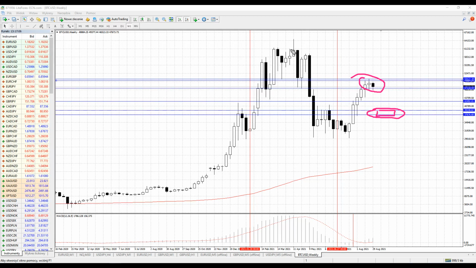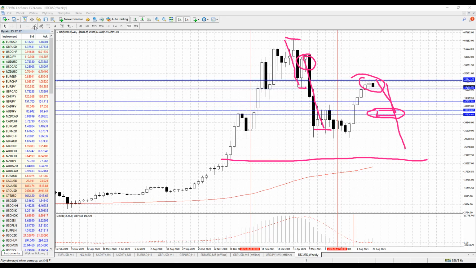So I'm looking for this type of move exactly here. So we have a possibility to make the 1-to-1. If we are going to take into the consideration this move, it could be deeply down like here.